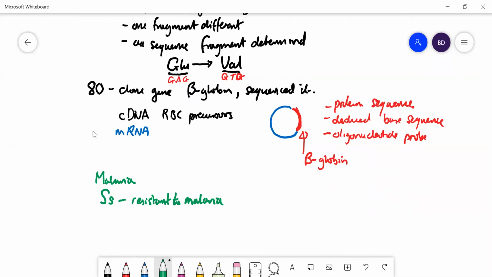How does that work? Well, the malaria parasite is eukaryotic. It's not a bacteria. It's a protozoan, and it's got quite a complicated life cycle. It goes in the salivary glands of mosquitoes and so on. But in humans, it tends to go inside red blood cells. It uses the red blood cell as food, and it multiplies.